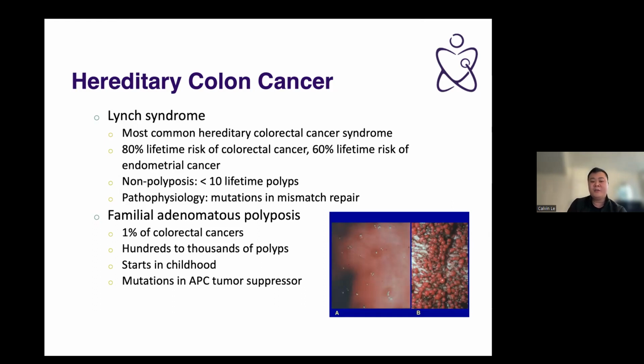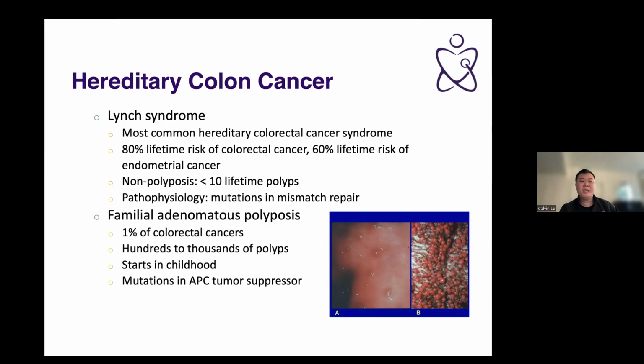In contrast, familial adenomatous polyposis, or FAP, is much more rare. It only accounts for about 1% of colon cancer syndromes. However, patients with this disease develop hundreds to thousands of polyps. In the image on the right, an endoscopy at a young age shows early polyps, and then later as these polyps mature.